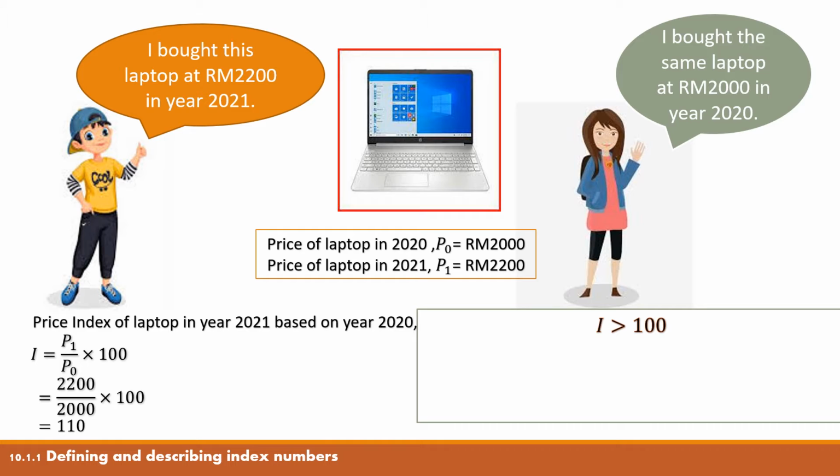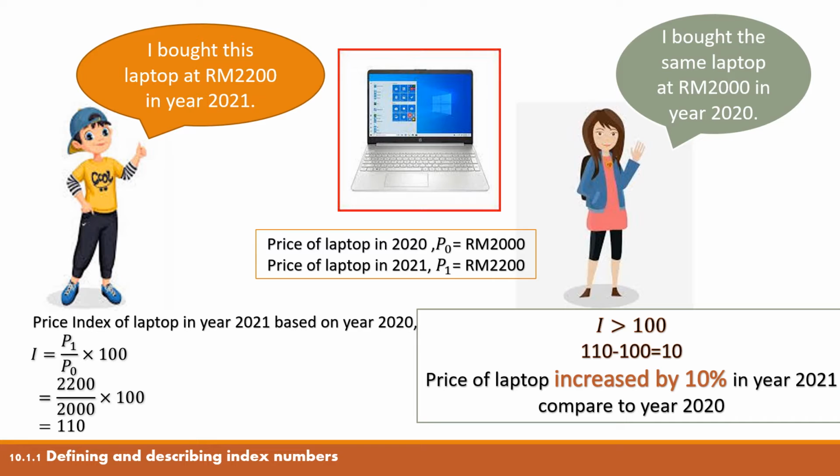To get the percentage of the increment, we minus 100 from the price index. In this case, 110 minus 100 equals 10, and therefore we conclude that the price of the laptop increased by 10% in year 2021 compared to the year 2020.